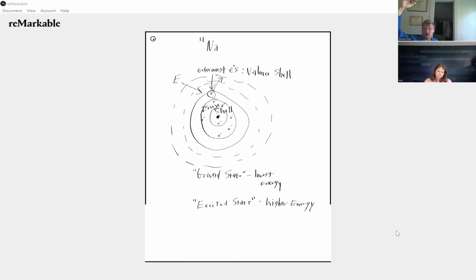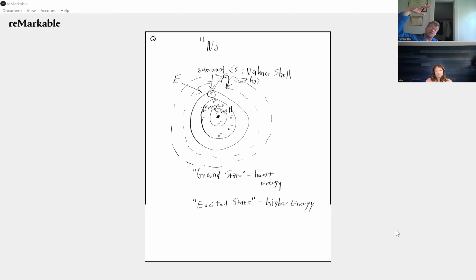Now, the law of conservation of energy says if it absorbs energy in jumping to a higher shell, it will release energy when it jumps down to a lower shell. So it's going to live only fleetingly in this higher energy. When that electron drops back down to a lower energy shell, let's say it jumps down to this shell instead, it's going to give off light.